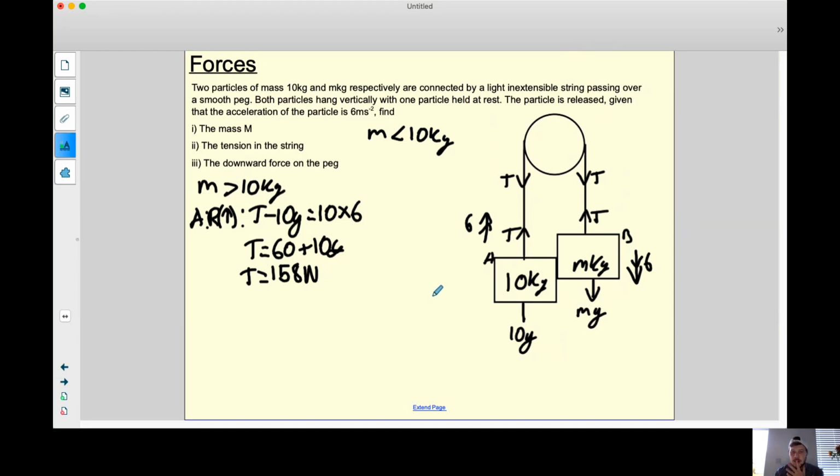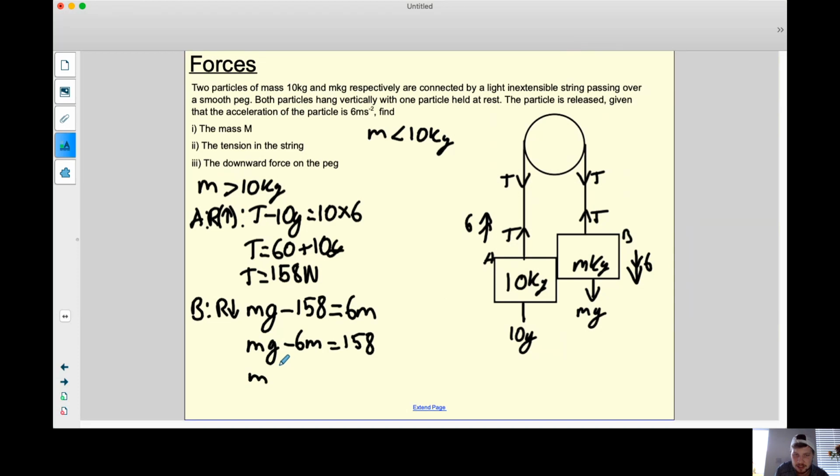Moving on to work out what my mass would be. Looking at the right hand side for B, I'm resolving my force downwards because that's the direction of movement. I get mg, take away my tension, which I've just worked out as 158, equals 6 multiplied by m. So I add 158 and take away 6m, and I get mg, take away 6m, equals 158.